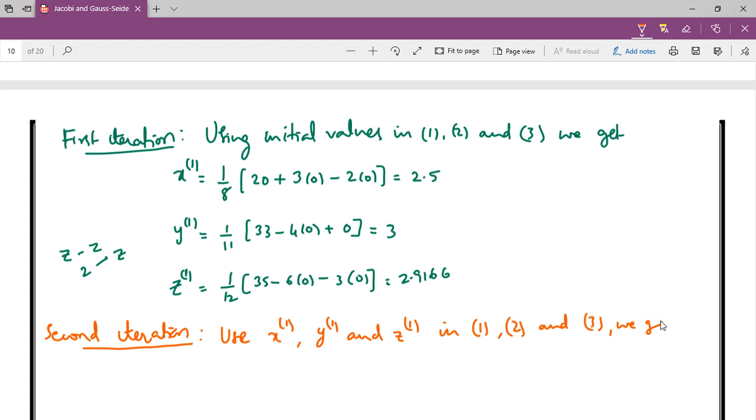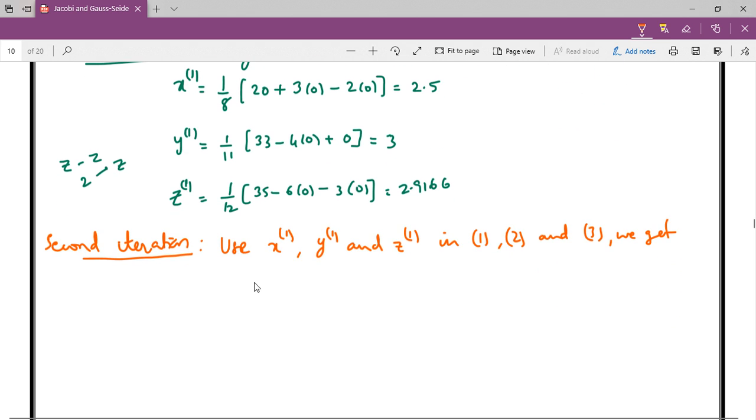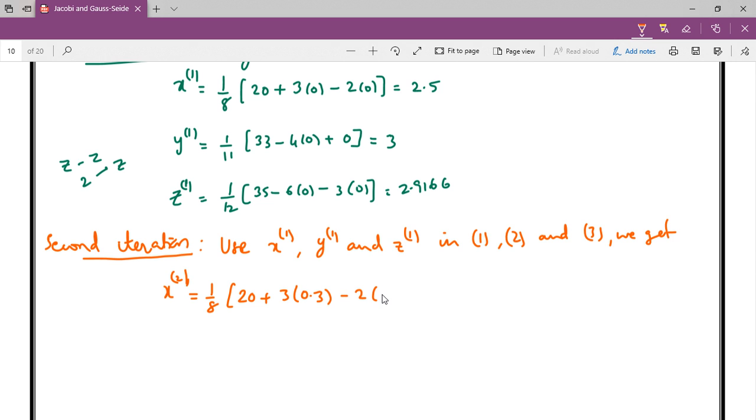So we get x2. x2 is 1 by 8 into 20 plus 3 into 3 minus 2 into 2.9166. So this gives 2.8958.